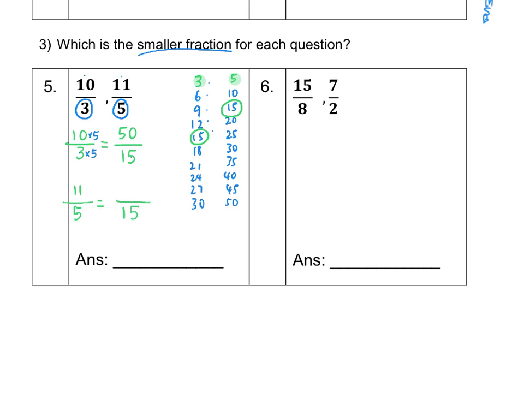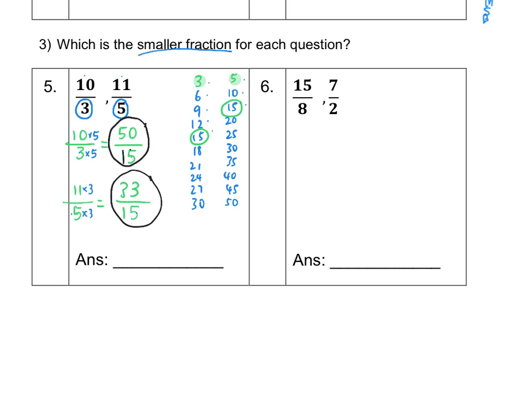So ask yourself the question, from 5, how do you get to 15? 5 times what gives 15? 1, 2, 3. 5 times 3 gives 15. So if the denominator you multiply by 3, the numerator you also have to multiply by 3. 11 times 3, the answer would be 33.